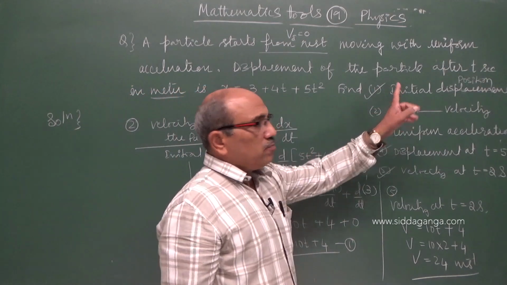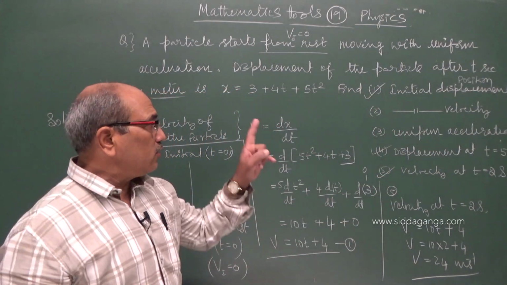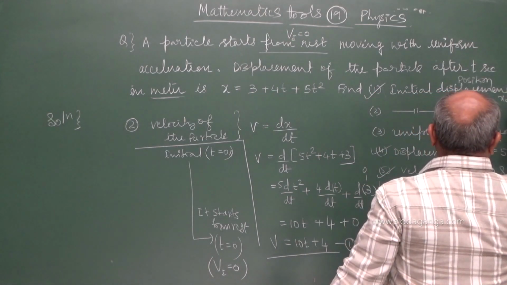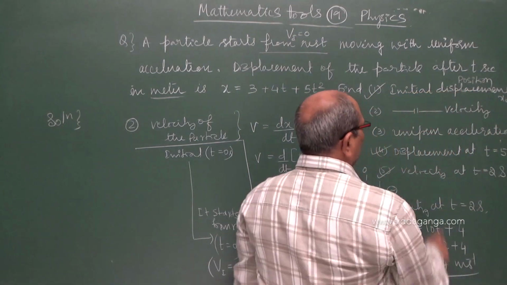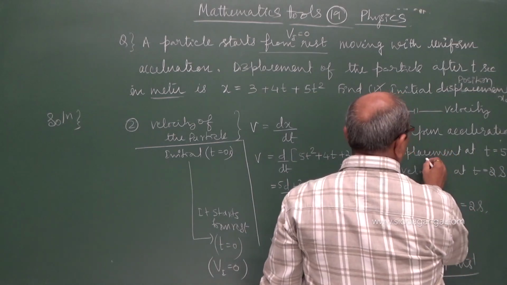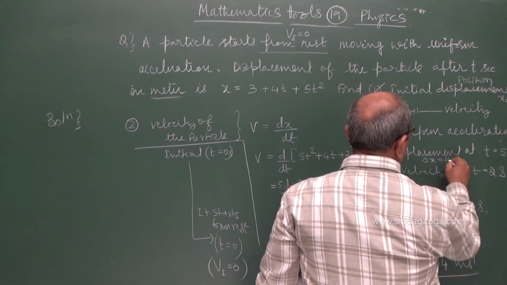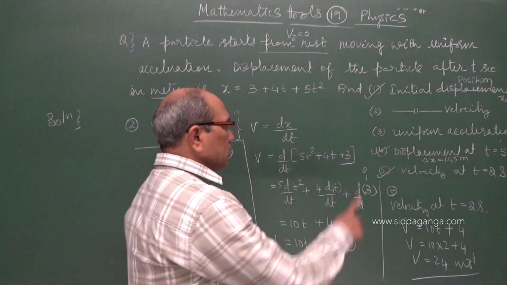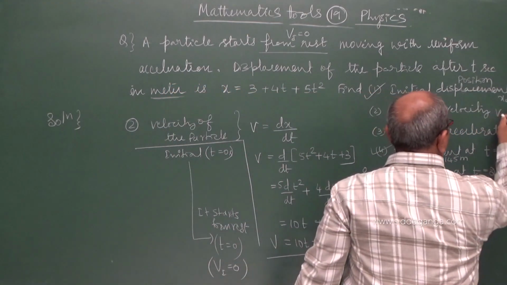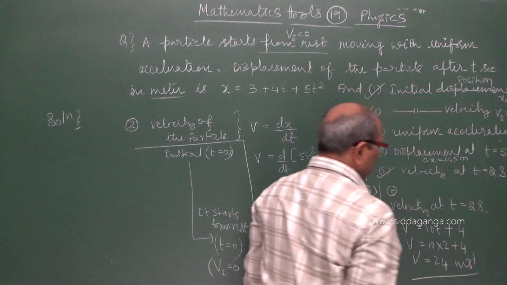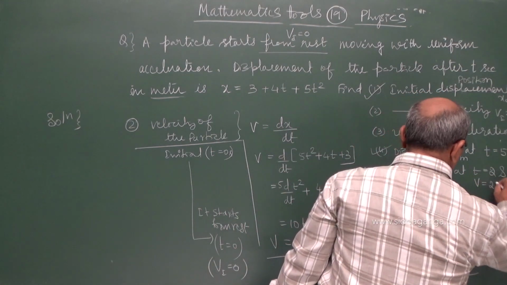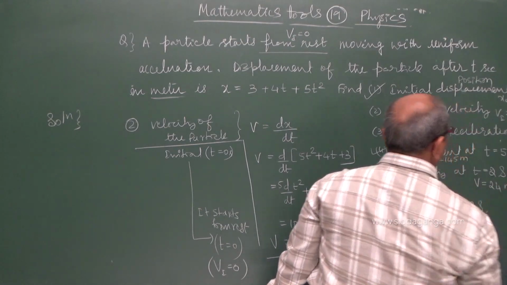So I told, initial position we determined: x equal to x naught equal to 3 meter. And displacement we got delta x equal to 145 meter. Initial velocity is given as 0, and velocity at 2 seconds we got as 24 meter per second.